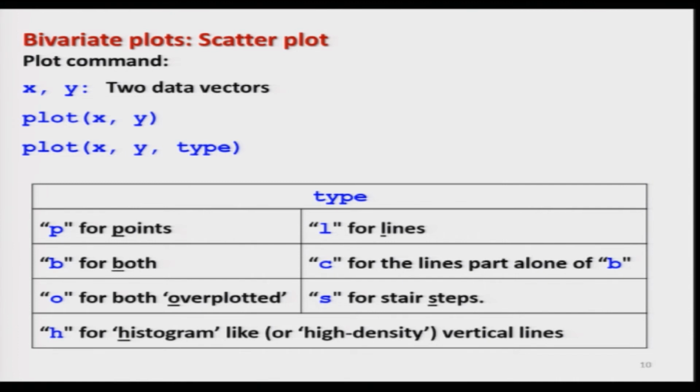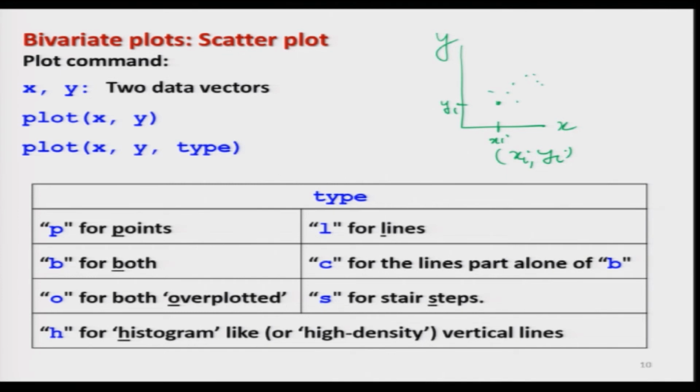So, I am going to talk about the bivariate scatter plot, in which we have two-dimensional graphics, with an x axis and a y axis, and data in the form of pairs, something like xi, yi. If we plot these values, they will give us a two-dimensional plot.